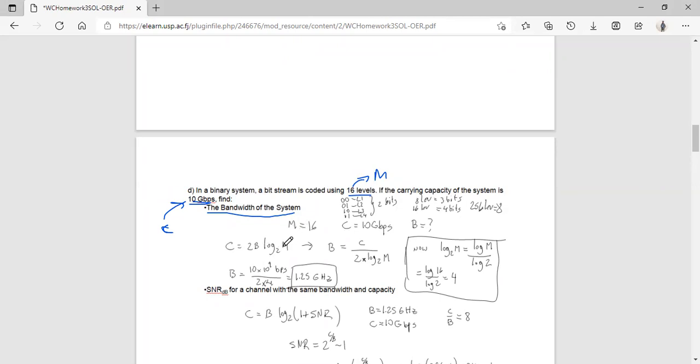So we know our M, we know our C. We just need to find our B. So making B the subject of the formula, we'll be getting B is equal to C upon 2 times log base 2 of M. Okay. So we just directly need to substitute the values. C is basically 10 gigabits per second. So 10 times 10 to the power of giga is represented by 10 times.